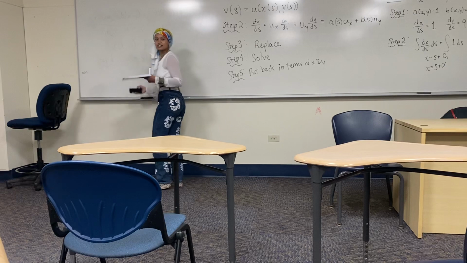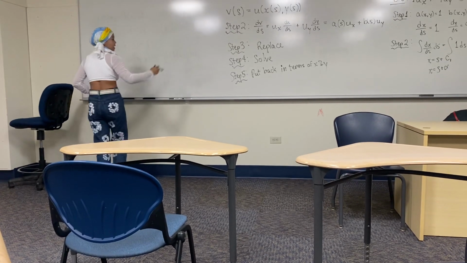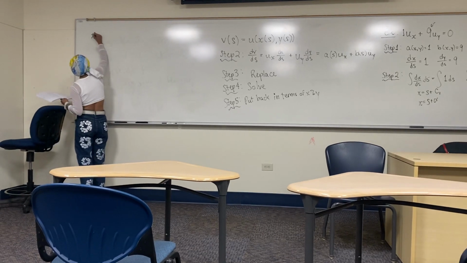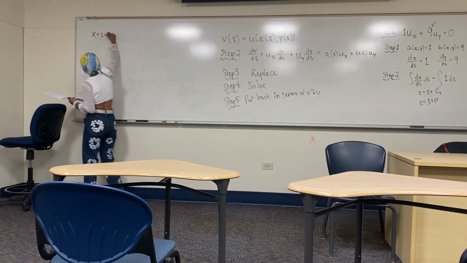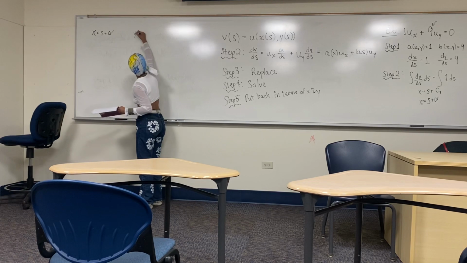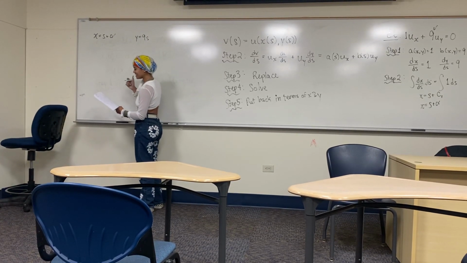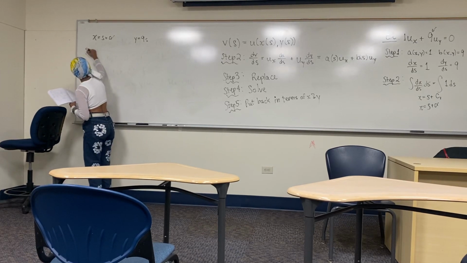Okay, I guess erase it as much as I can. So we have our equations. I'll just rewrite them over here. x equals s plus alpha. y equals 9s. Did I rewrite that correctly? Okay. So now we're going to move on to our step 3.